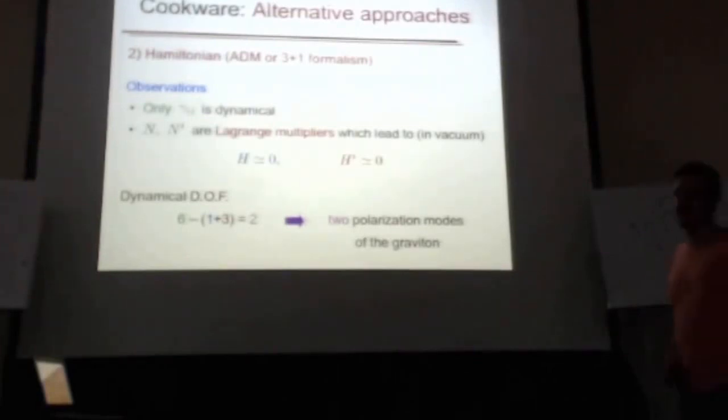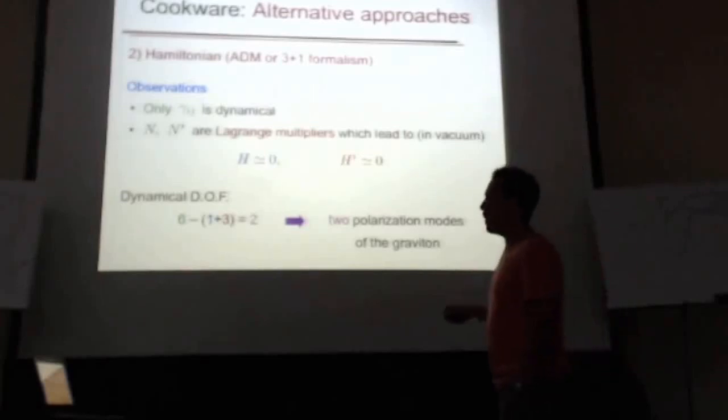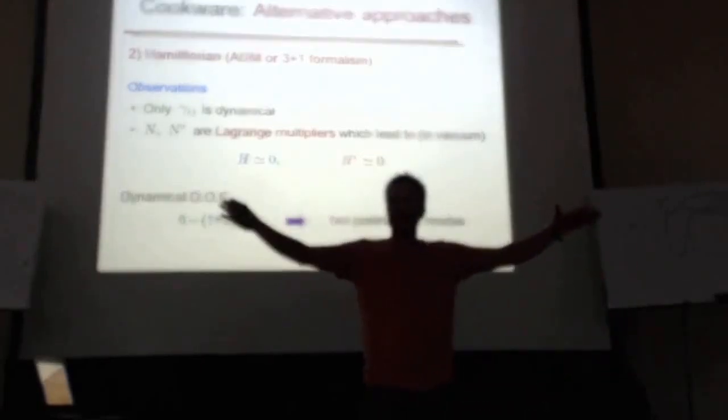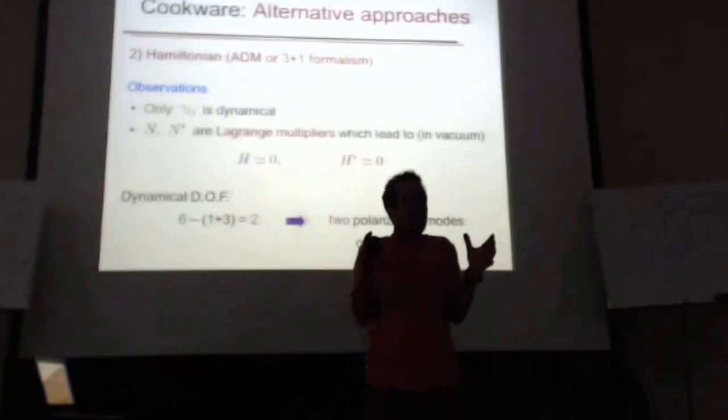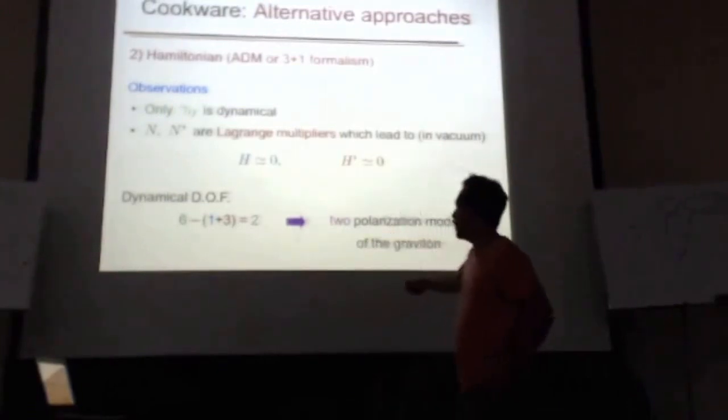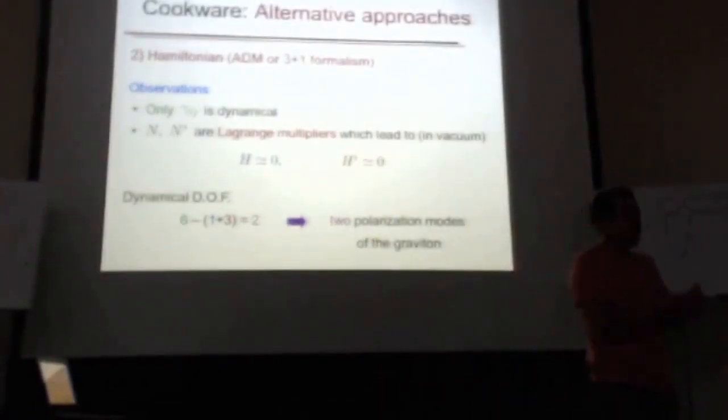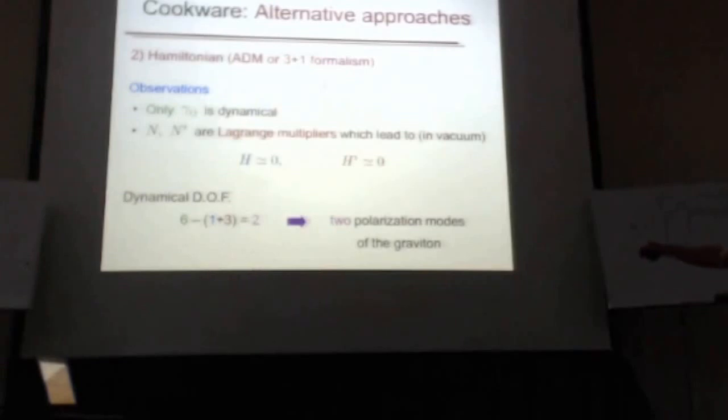So now let's count the degrees of freedom. Remember, we started from these 10 components of the metric, and we said that by choosing a reference frame, we could kill 4 of those. That meant we had 6 independent components in the metric in a given reference frame. But now we have these constraints. This one is one constraint, and this one has an index, so actually there are 3 of them. So if you add them, there are 4: 3 plus 1 constraints. These are relations between my dynamical degrees of freedom.